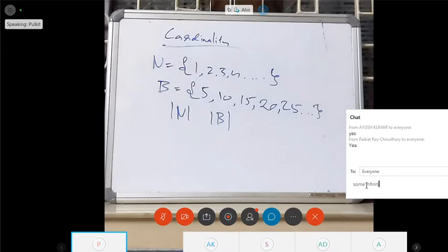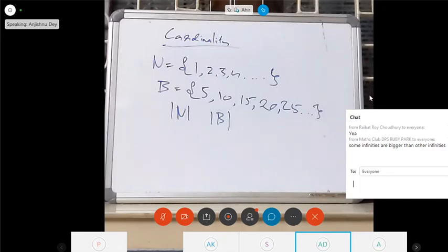So you're saying that there are more elements in N. And why is that? Because the elements of B are present in the elements of N at intervals. You couldn't say anything about the elements because both end in positive infinity.